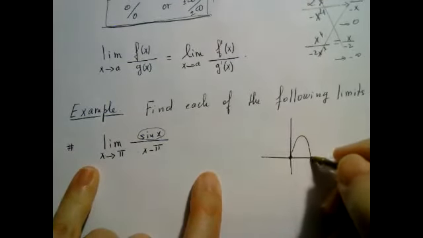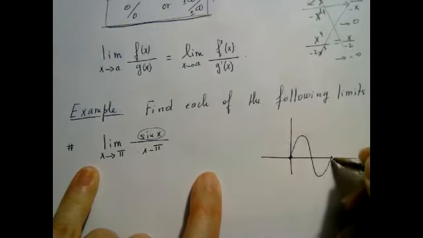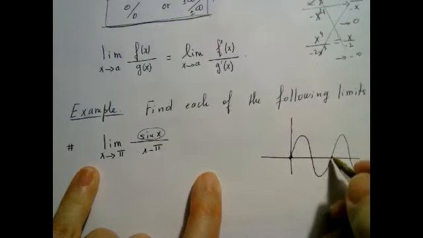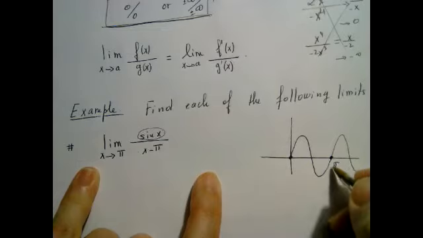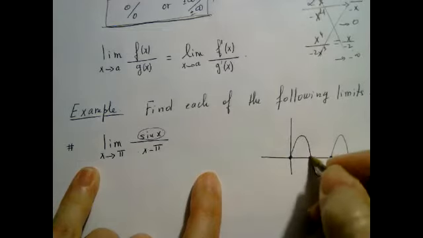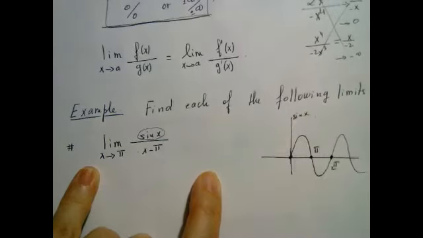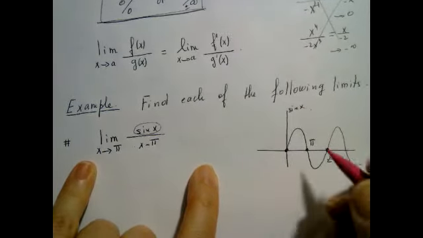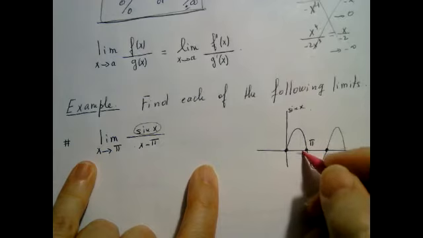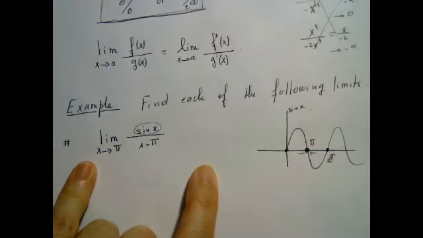Sine is like this. So we have to know the graph of the function to be able to analyze those limits. That's pi, sorry, that's 2 pi, and that's pi. And that's the sine. So when x becomes close to pi, the sine x is definitely becoming close to 0.